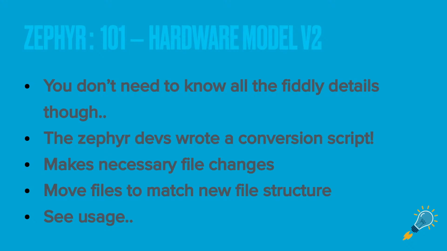So the nice part about this is, you can jump into a rabbit hole, and it might be prone to error. So one thing that the Zephyr devs did is they created a script that you can run on an old board definition. So if you have an out of tree board definition, you can run a Python script that'll convert it and put it in the place that you would like it to go, and match the new file structure.